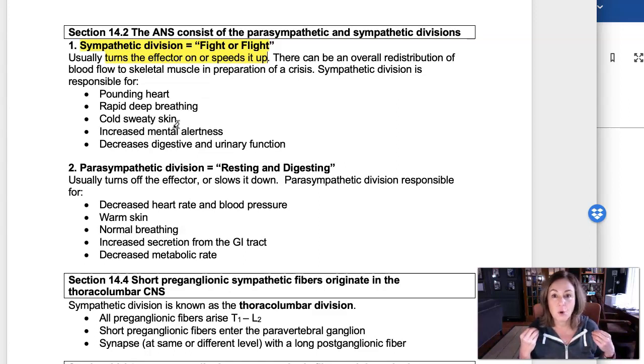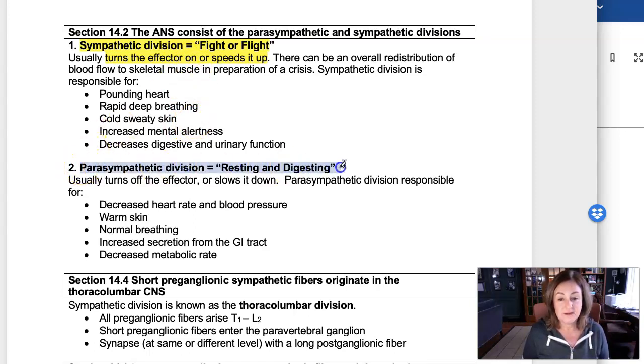So we're mentally alert. We're ready to run or to fight. We're breathing heavily. It's not a good time to be digesting the meal and so on. And so you're literally diverting blood flow from, say, the skin and the digestive organs to the muscles and the brain. That's the sympathetic division overall.